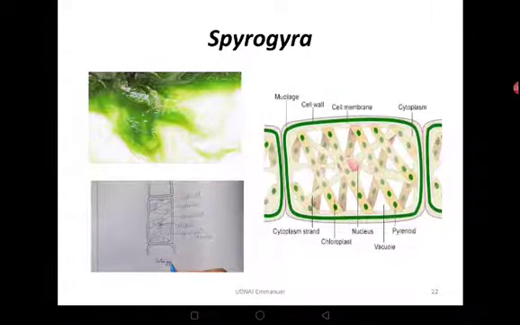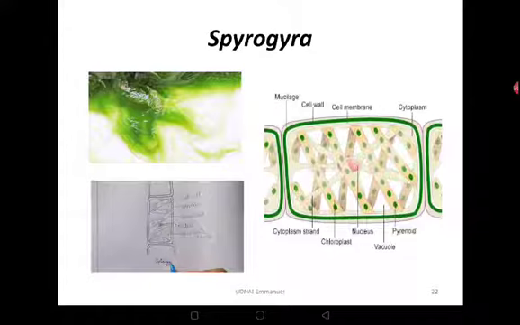So you can see there the Spirogyra, one which was just collected from the pond, and then after looking through the microscope, we were able to see that, and then we try to represent it on paper by drawing like that. So you can see its parts there. The structure contains those parts.